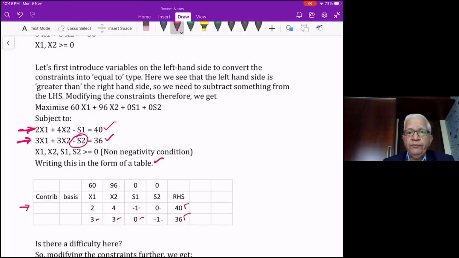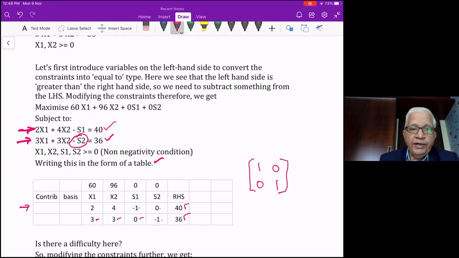So this is the modified form of the problem. Okay. Now we said that when the equations are modified and put in the tabular form, you will always find the presence of an identity matrix. Now that is where we get into a difficulty. What is an identity matrix? These are two rows here. The identity matrix must come in the form 1 0 0 1.